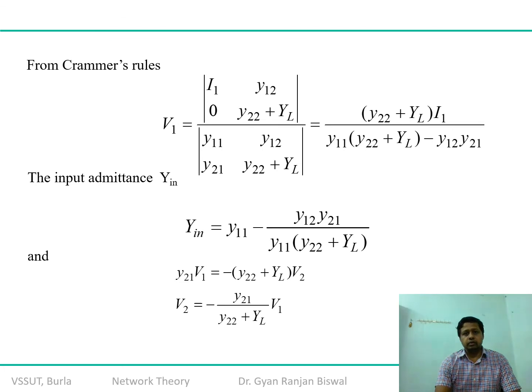Okay, so if you substitute this, you will get the modified equation like this. Further, if you solve, again you can get the input impedance in terms of the standard equations. Here let me mention again: justify it. How are you getting this? Prove this.